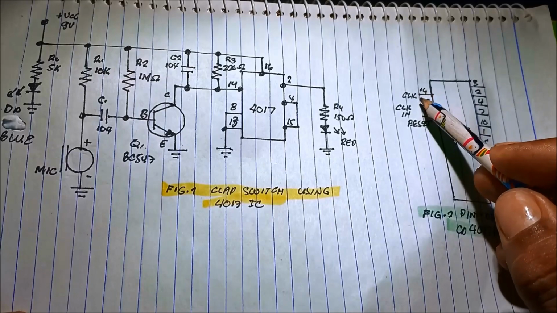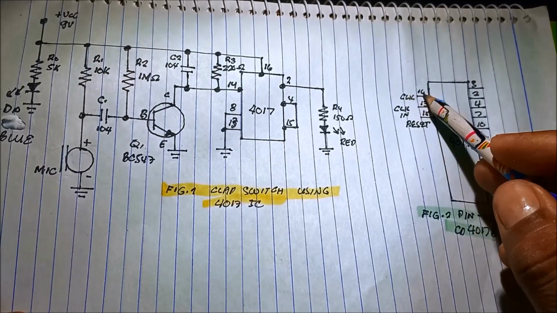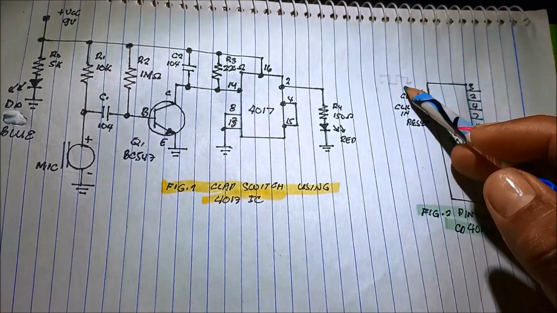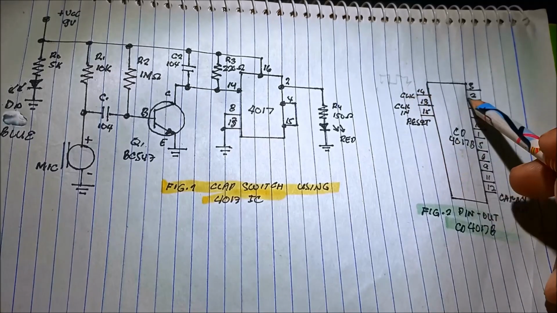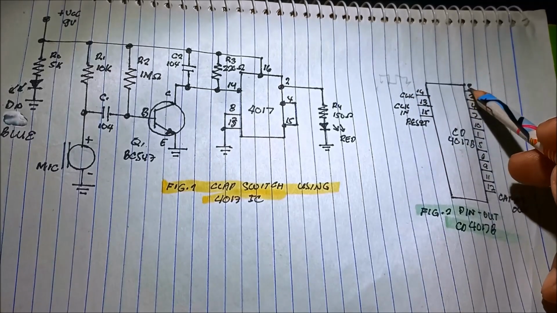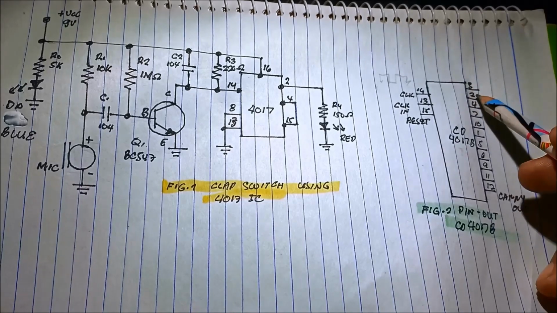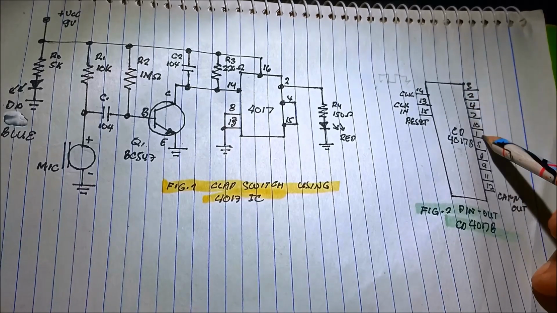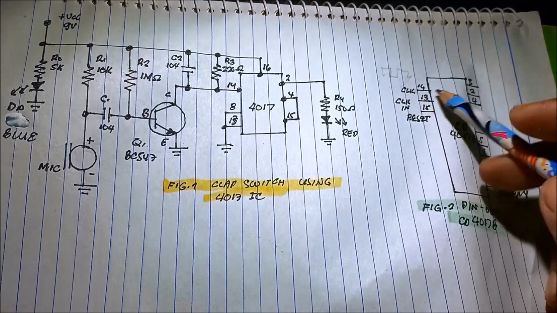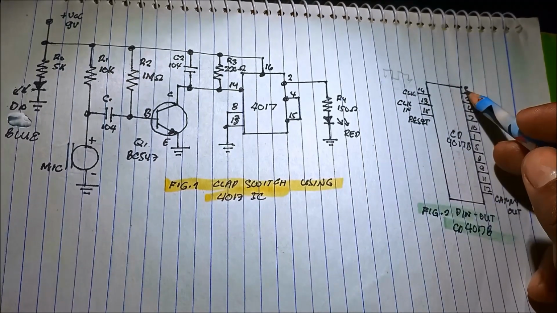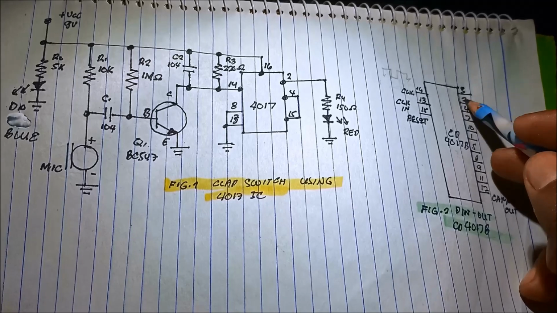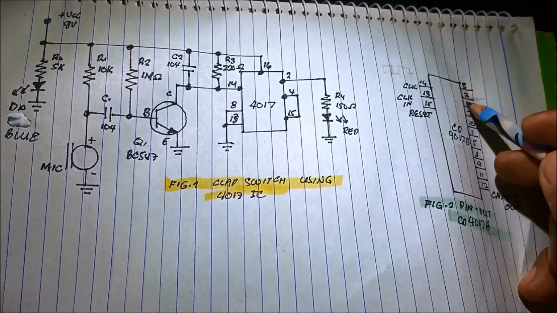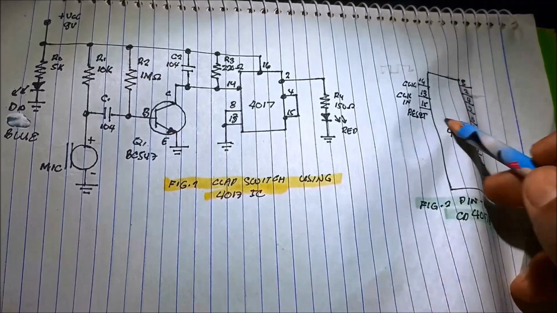Once we inject a clock to the pin number 14, once we have this positive clock, there is an output in pin number 3, and there's no output from 2 to 11. Injecting another clock, it will advance the count, now 2 is on, 3 is off, and 4 up to 11 is off.